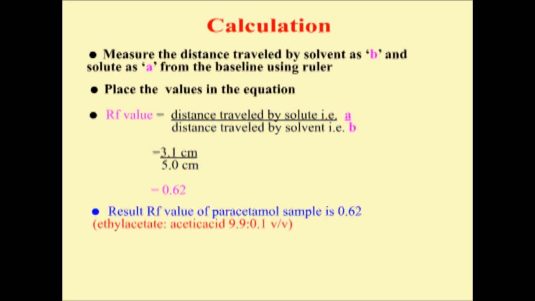So the result of RF value of paracetamol sample is 0.62 using the solvent system ethyl acetate to acetic acid in the volume of 9.9 to 0.1.